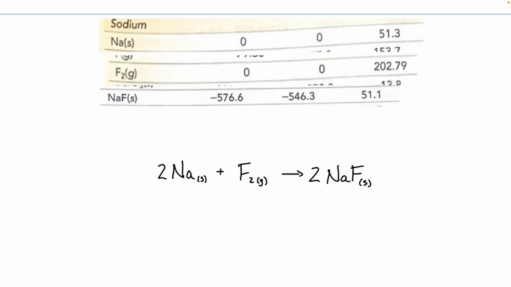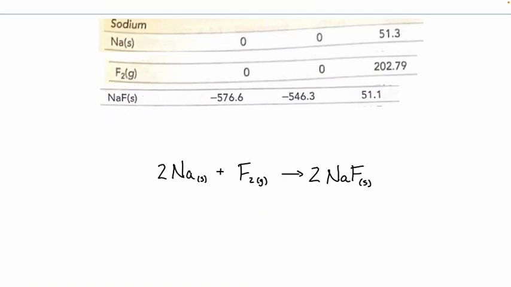Cool. All right, so all I did was go to my table and grab those three components. Let me get rid of this so it's a little bit clearer. All right, we have our solid sodium, that's one of our reactants. We have our fluorine gas, that's our other reactant. And then we have our product, the sodium fluoride.